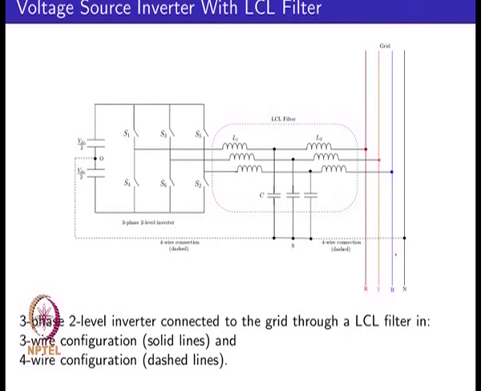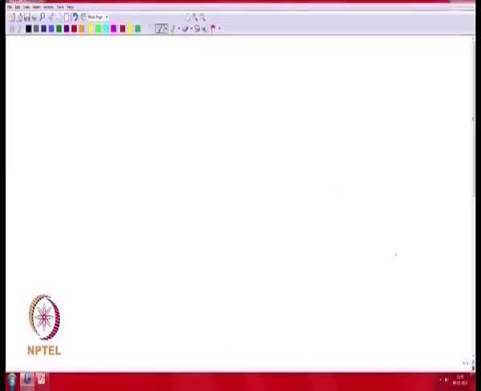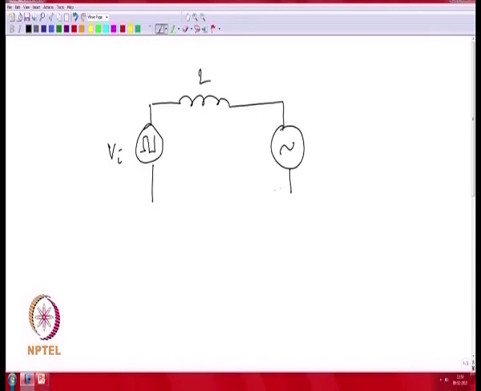One question that can be asked is why go from an L filter to an LCL, which is a third order filter? Why not just an LC filter? So, we could consider what would happen if you used an LC filter. Suppose you have the inverter, which can be represented as a pulsed voltage source Vi, then the L filter, and then the grid voltage Vg.